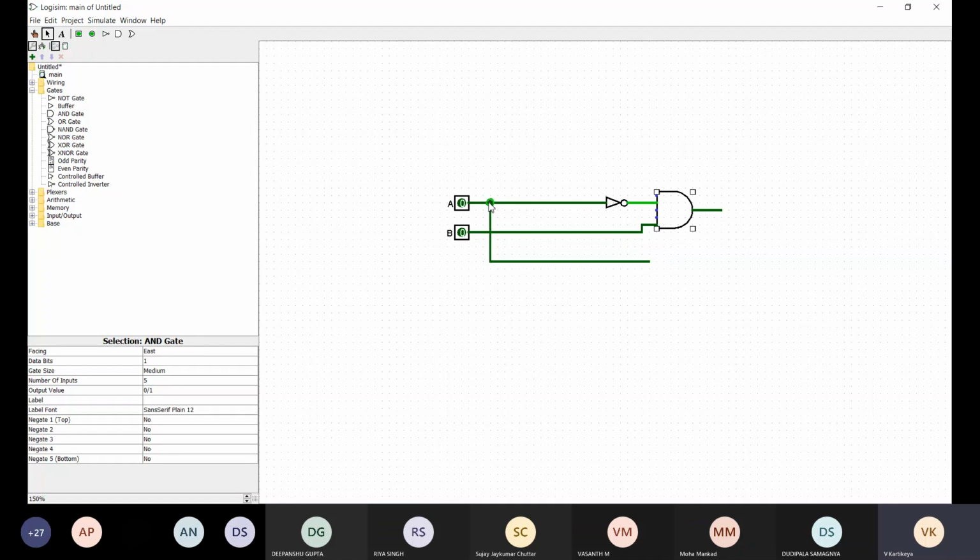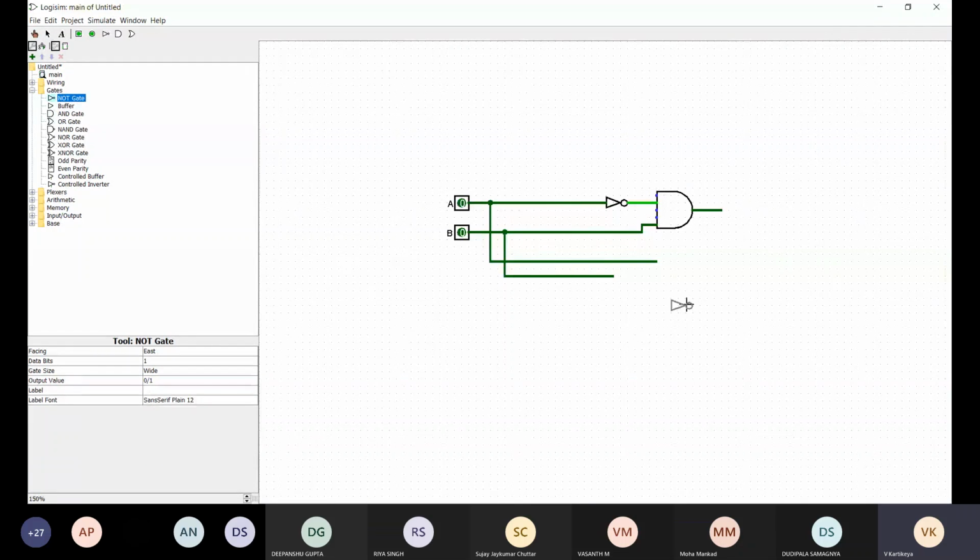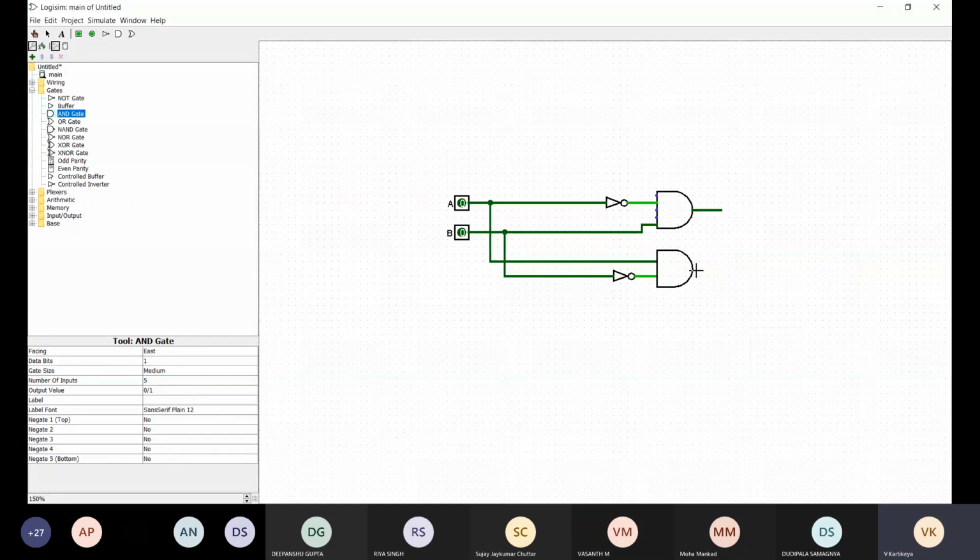If that is there, it means it's connected to that wire. Here it's not there, it means the two wires are not connected. So we take A, and from here we take B bar. So we take B initially, and then we take a NOT gate. Now this will become B bar.